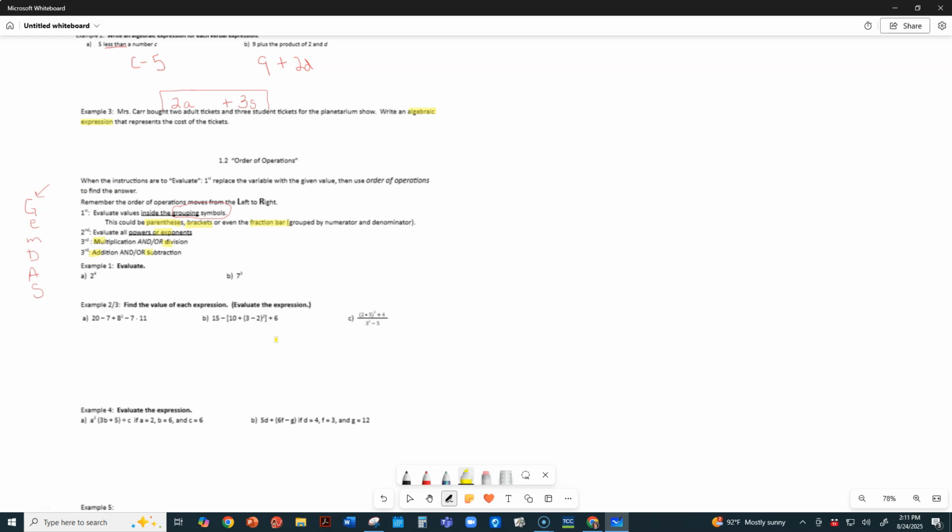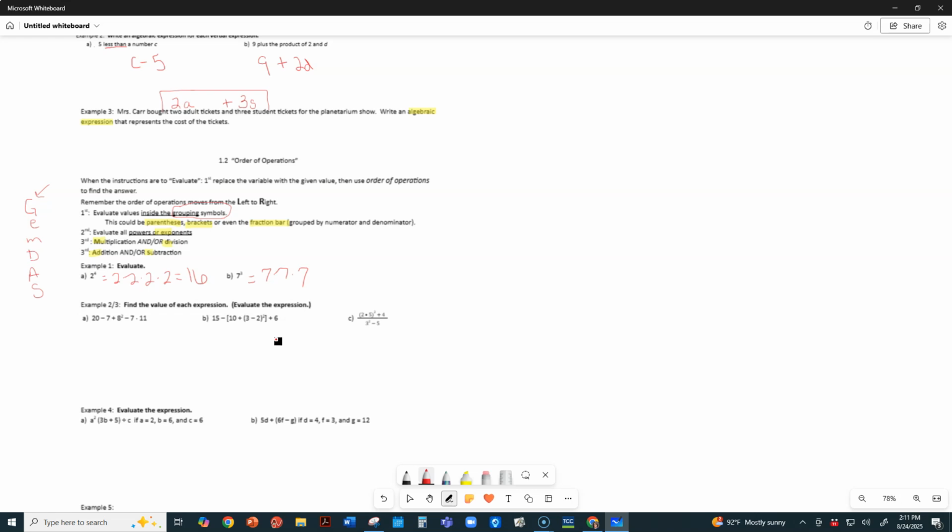This is 2 times itself 4 times. So 2 times 2 is 4, times 2 is 8, times 2 is 16. And 7 raised to the third power means 7 times 7, which is 49.